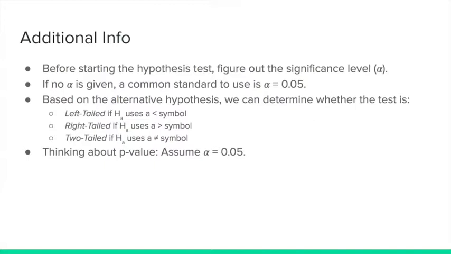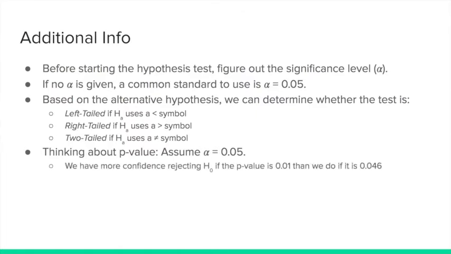So remember, thinking about the p-value, just for a moment, assume that our significance level is 0.05. If we have a p-value that is much smaller than alpha, then we're going to have more confidence that our answer is correct. So suppose, for example, you have a p-value of 0.01.